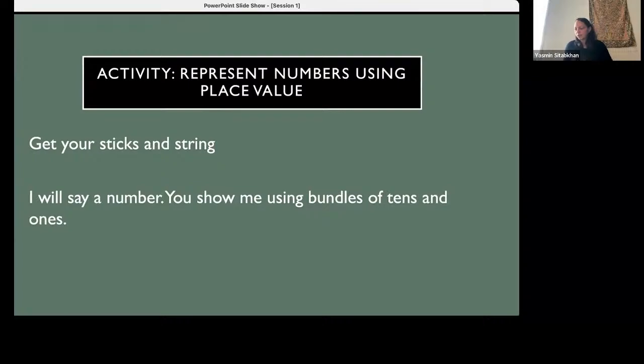So what I'd like you to do is I'm going to say a number. And again, if people can turn on their videos and show me that number using bundles of tens and ones. It's important to think we're at the beginning of second grade, or the end of first grade, where you're thinking about understanding place value and what it means to take a number and represent it using place value.